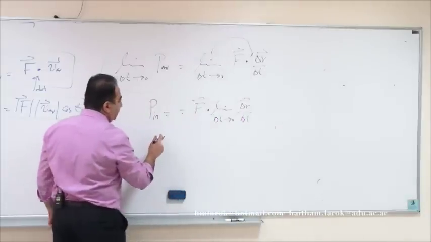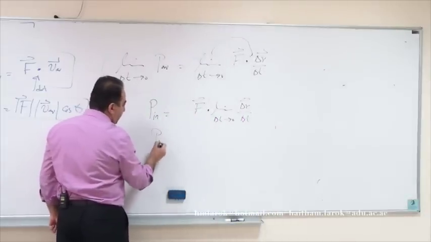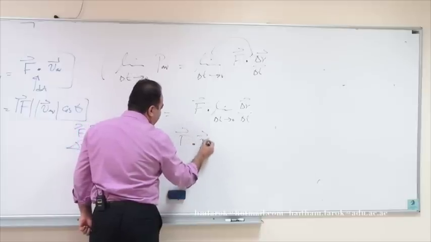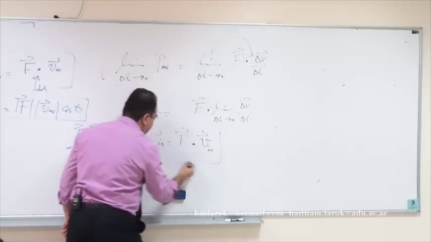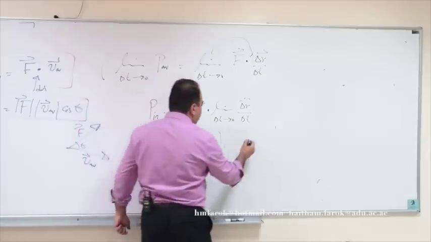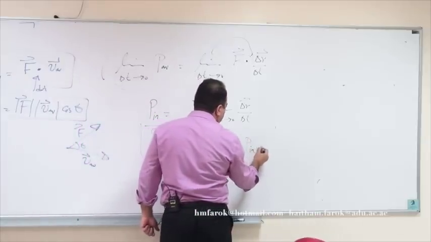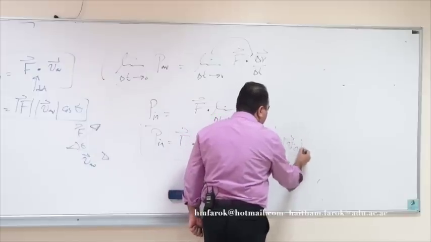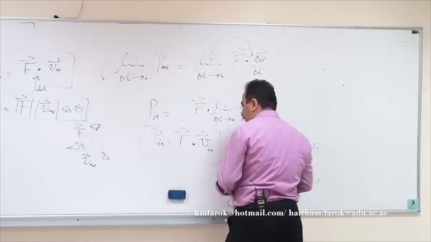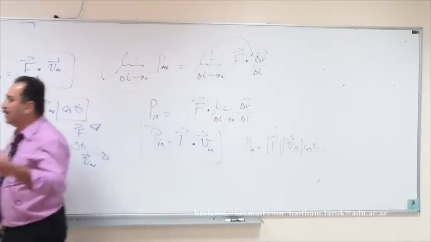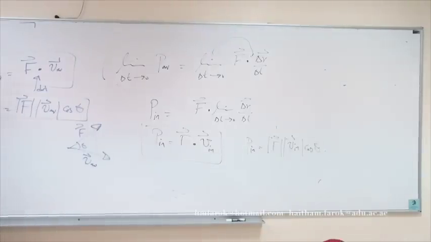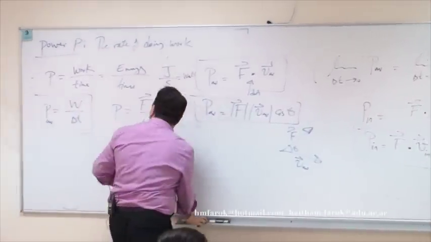So P instantaneous is F dot V instantaneous vector. And if you want the magnitude, P instantaneous equals F magnitude times V instantaneous magnitude times cosine of the angle between them. So this is how you calculate power. And remember, the unit of power is joule per second. Joule per second is watt. We have watt, kilowatt, megawatt, gigawatt.